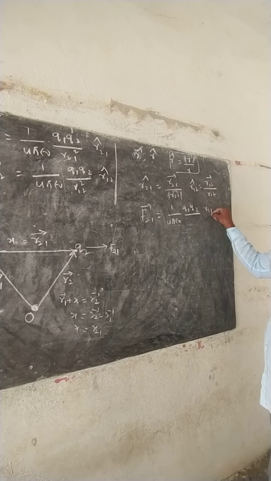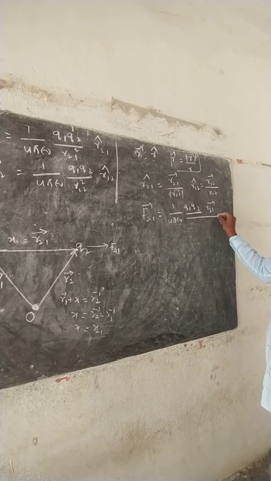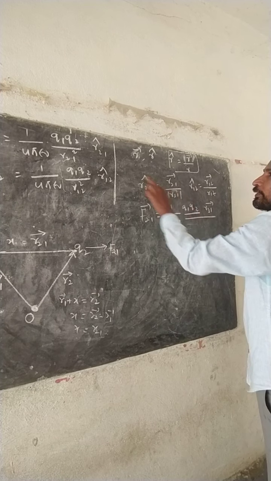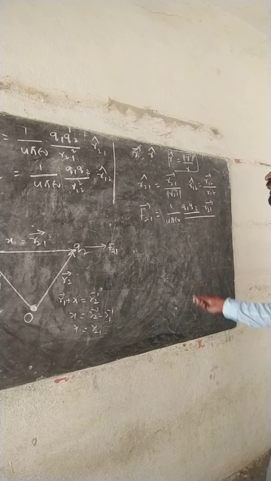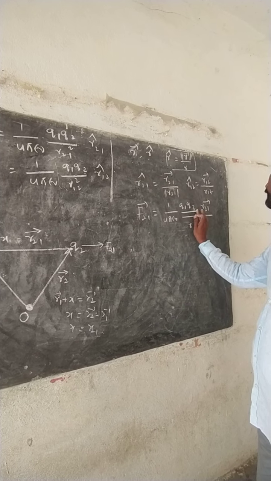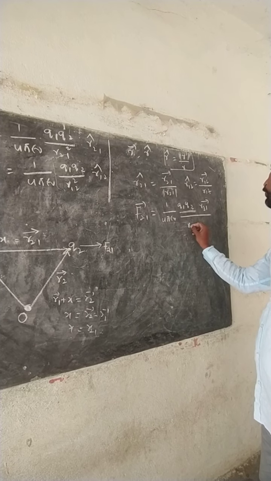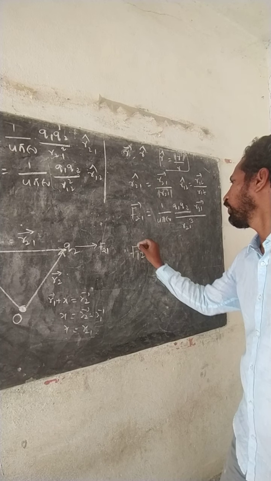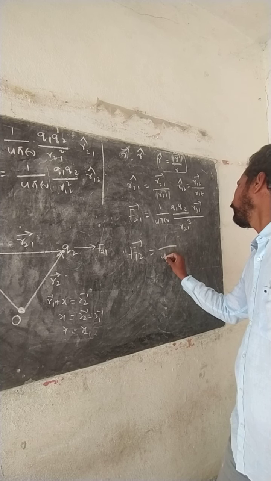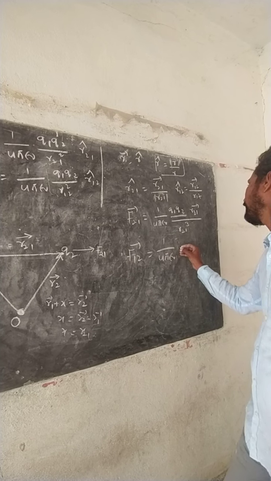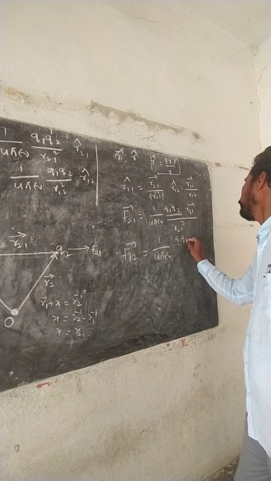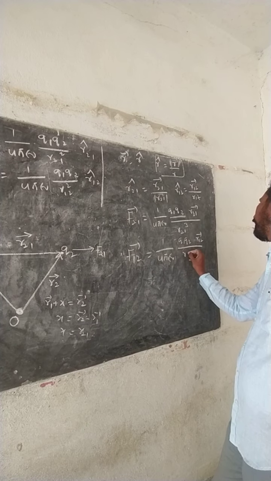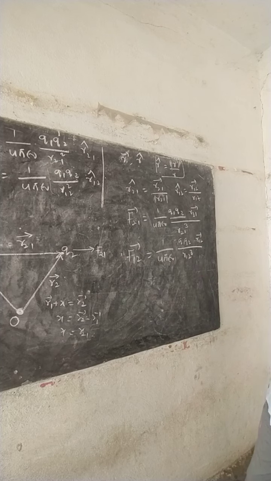R21 vector by R21 square is already there, and one more R21 comes, so in total this will be R21 cube. Similarly, F12 is 1 by 4 pi epsilon naught Q1 Q2 into the vector R12 by R12 cube.